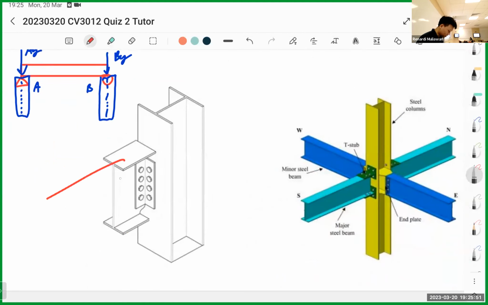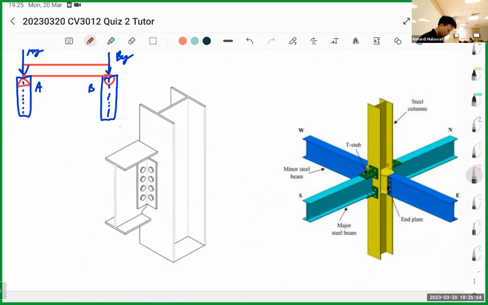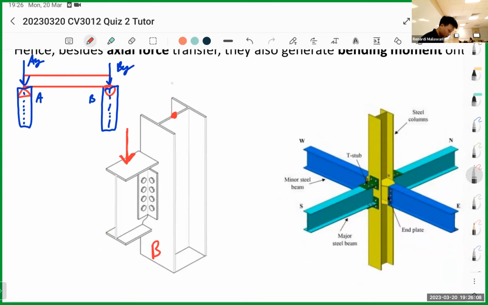If you see this image here, let's say this is your beam, and this is point B. Your reaction will be transferred around here. It's not at the middle of the column. Ideally, you want to transfer the load directly beam to column, but in this case the transfer is a bit off from the middle.